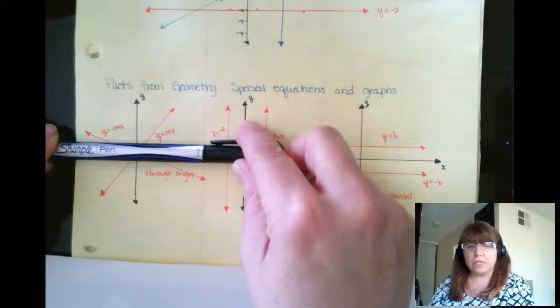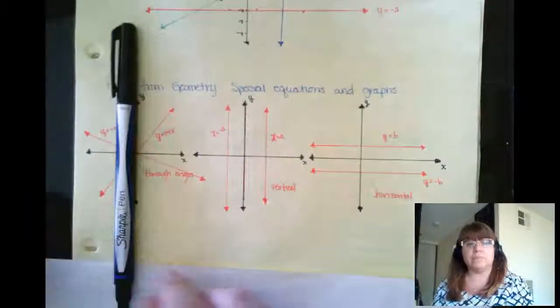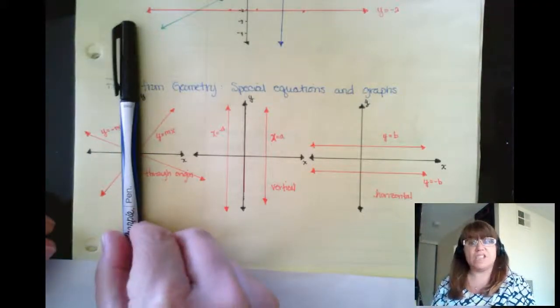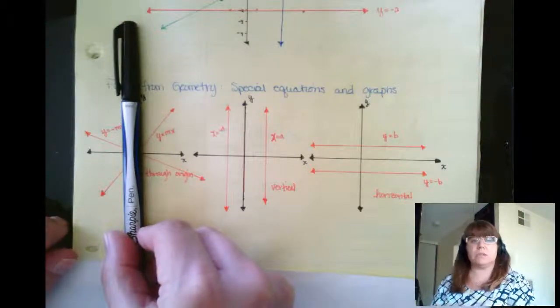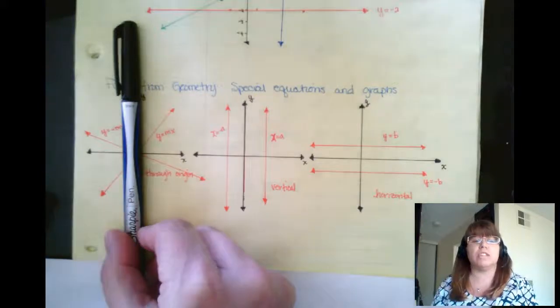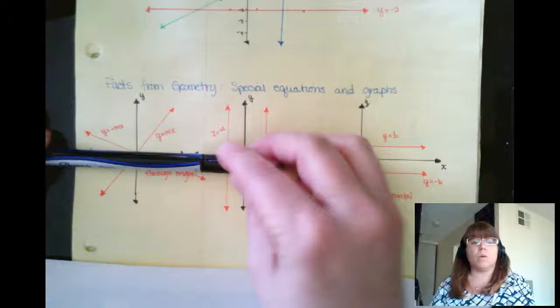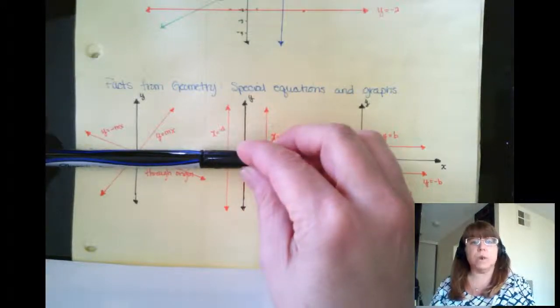Now that might trigger a question: what's the slope of a vertical line? Well, it has no slope. It's straight up and down. The answer to that question is no slope, versus a horizontal line, which has 0 slope.